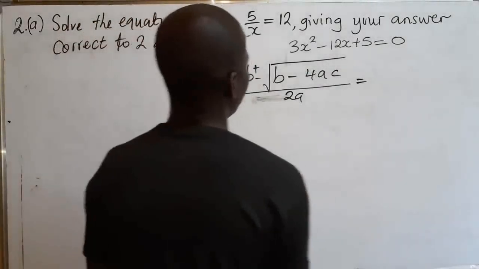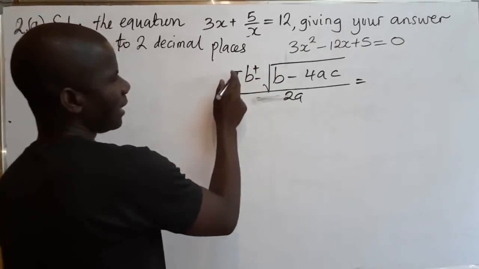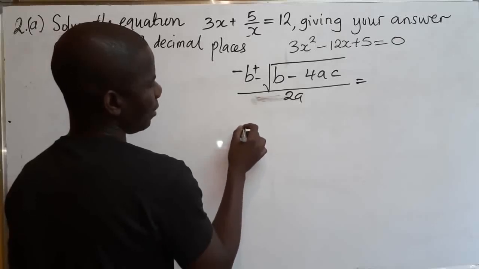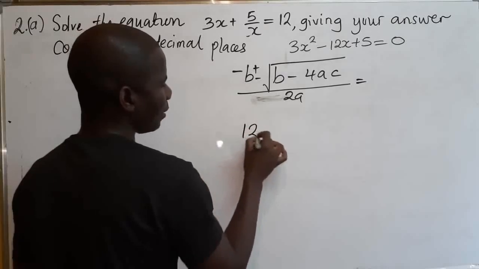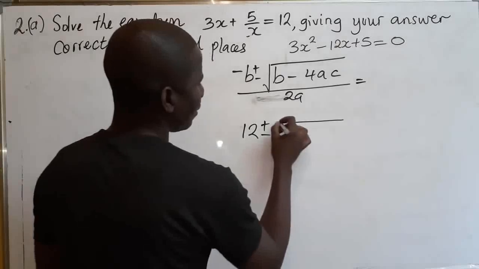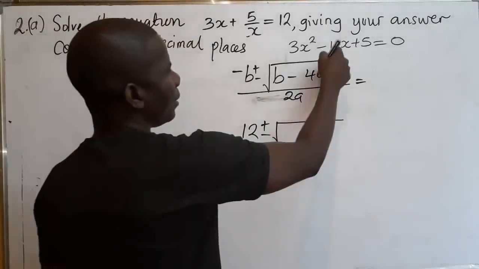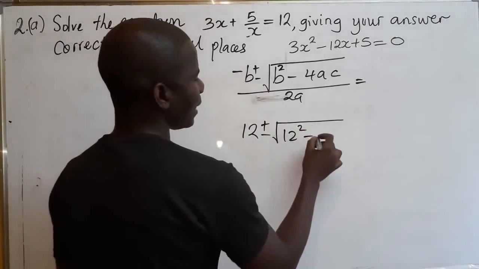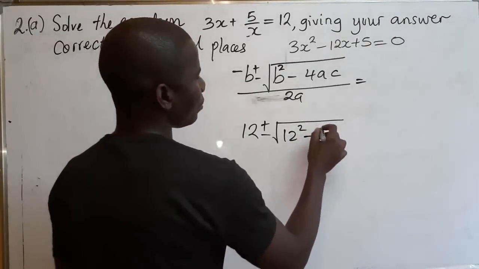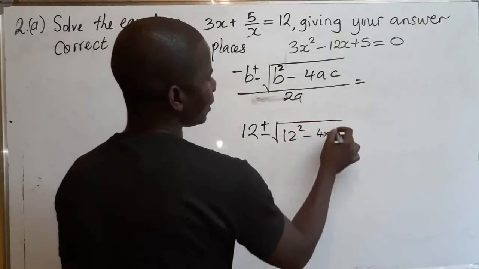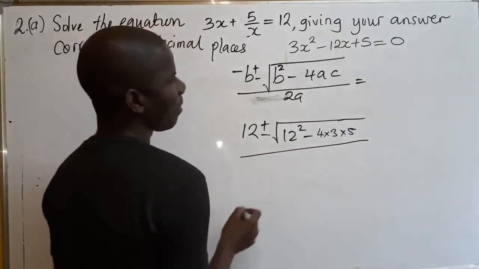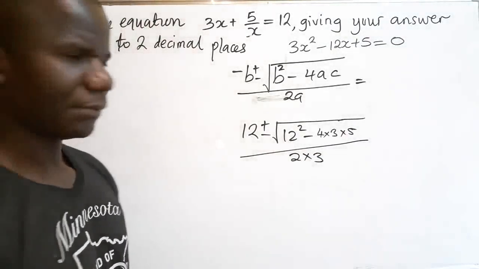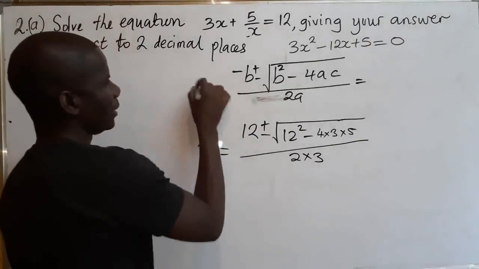Our b is negative, and this negative gives us a positive, so we have 12 plus or minus the square root of, this is supposed to be squared, take note of that, 12 squared minus 4 multiplied by a, which is 3, multiplied by 5, over 2 multiplied by 3. Are we together? x is equal to this.